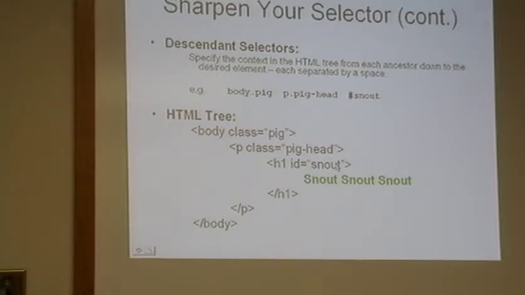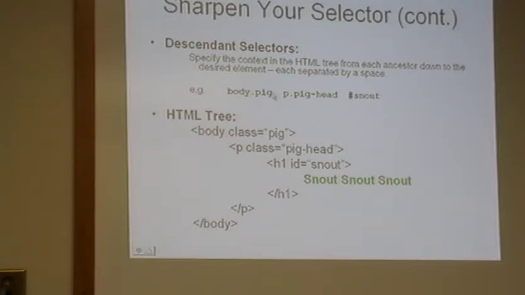So if you notice here, we have ID equals snout, that's the child of this tree, and then P class pig head, that's above it, and then body.pig, that's even more above it. So we're describing this HTML tree, and we're being very specific. This is the most specific that you can be with your selectors, is describing it in the context of our tree.